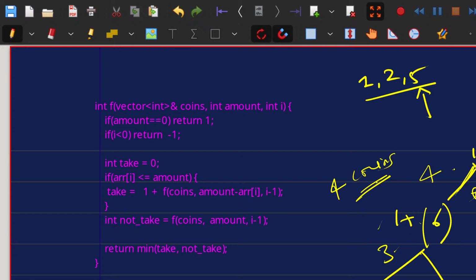But because let's say we don't have this 1, we had this 3 and it was 12. No, not like this. I'm saying like where we can't make that. Let's say it was 5, 5, 3 and it is 11.